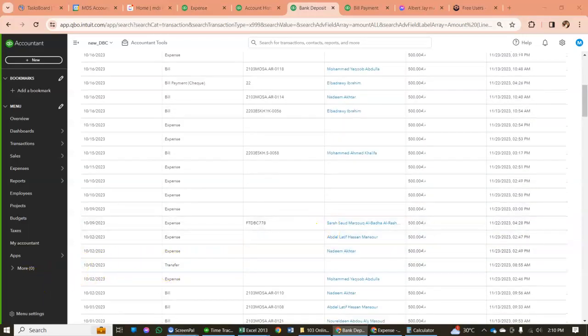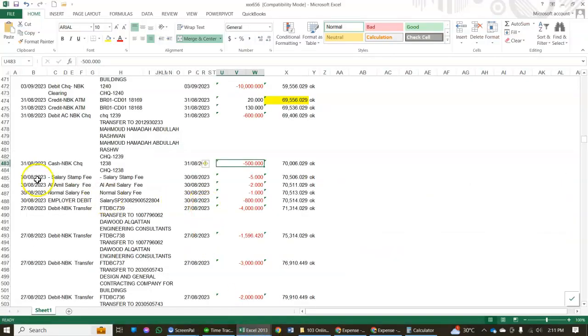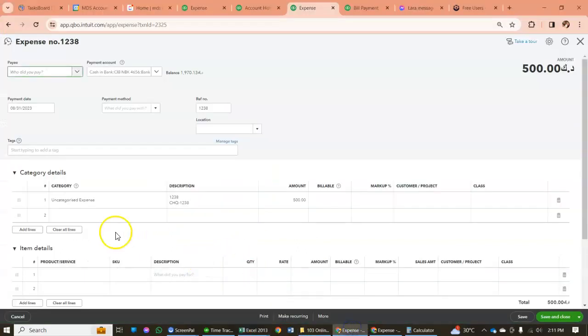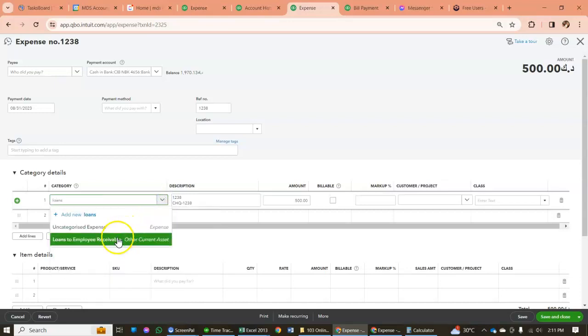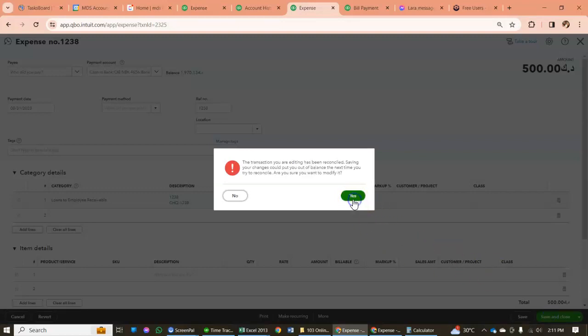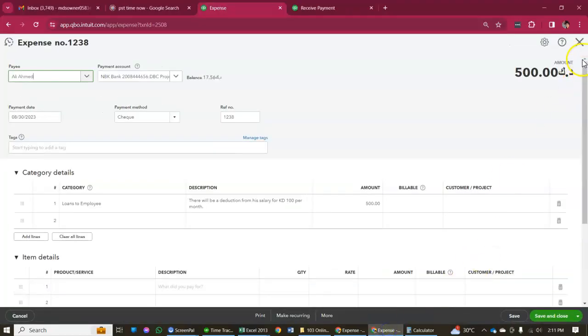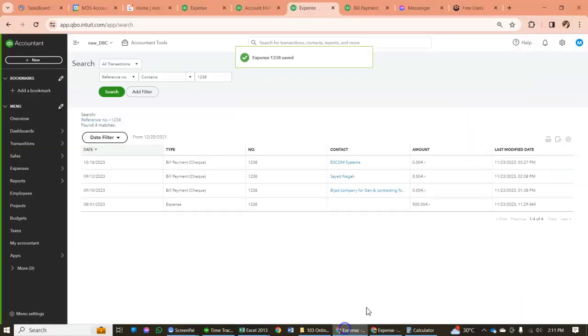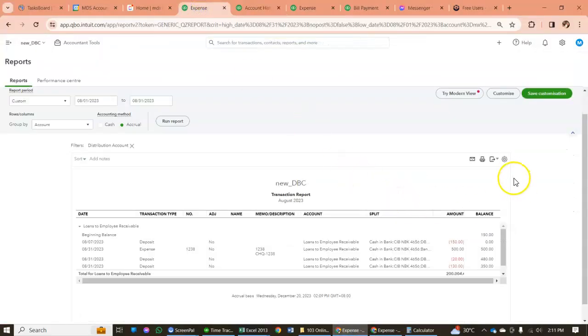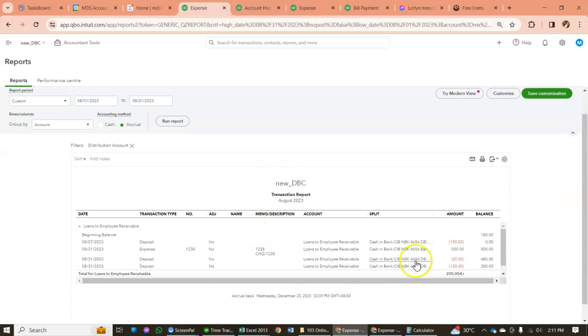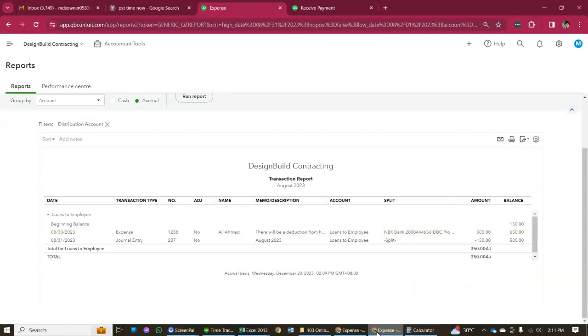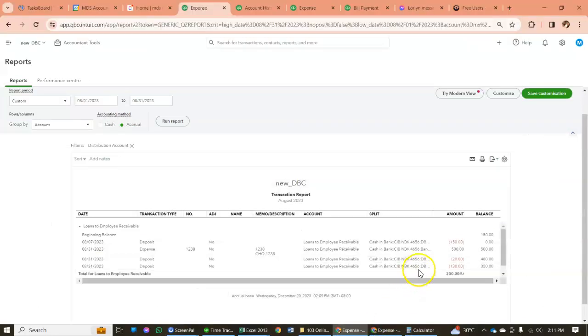Okay, must be August. In August we have A31 to 38, which we have accounted as uncategorized, so change that one to loans to employee receivable. That would make our 500 now part of this. And this one as well. So we have that, but they don't have this one, the 150.